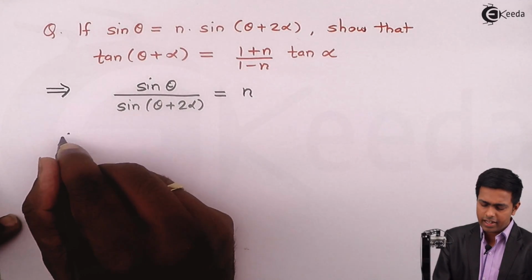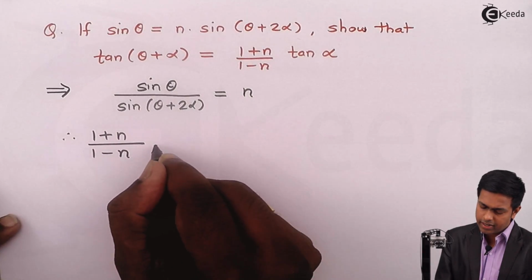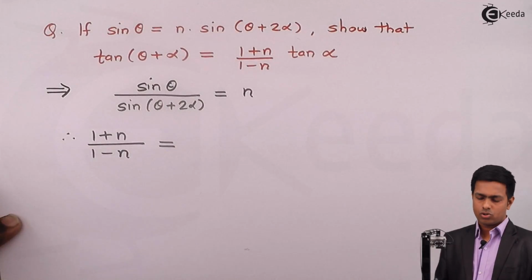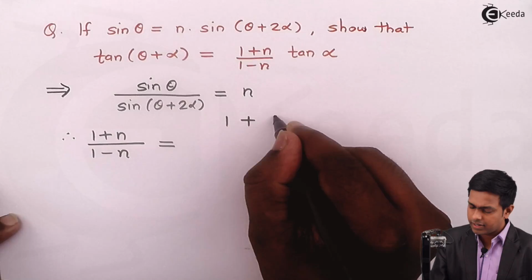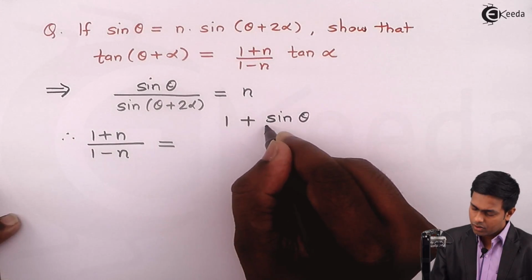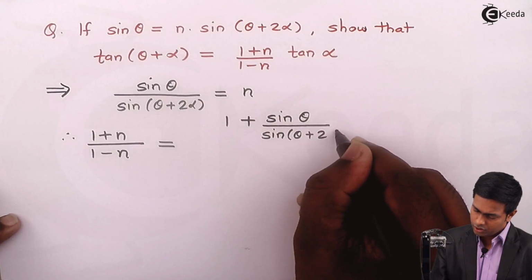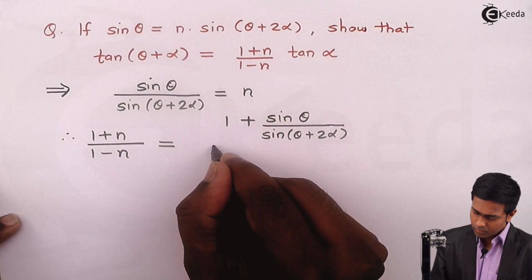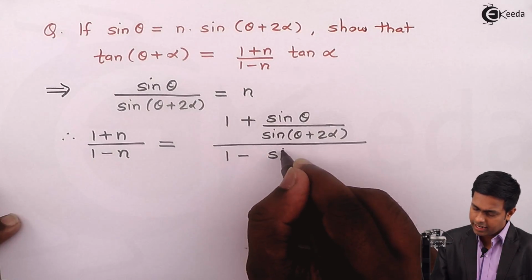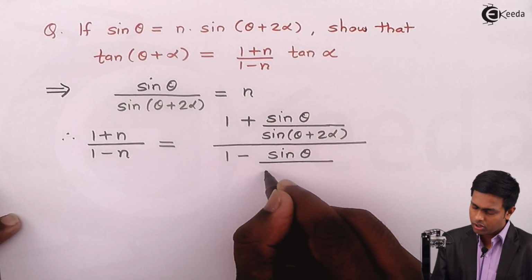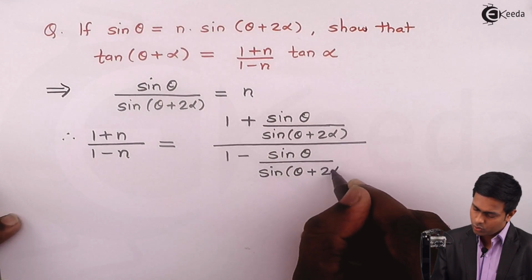Therefore 1 plus n upon 1 minus n is equal to 1 plus the value of n, that is sin theta upon sin of theta plus 2 alpha, whole upon 1 minus sin theta upon sin of theta plus 2 alpha.